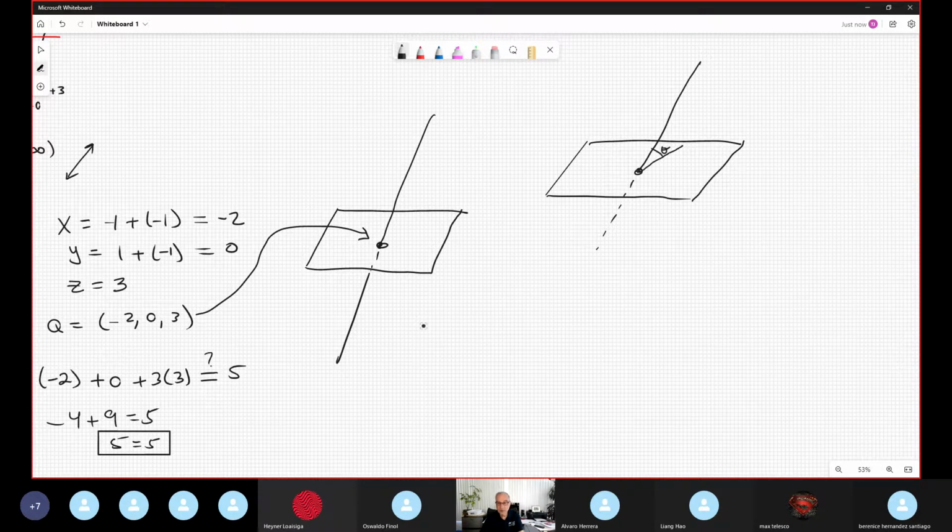Let me try to see the lateral view. In the lateral view, I see the plane like a line. Here the line is a line, and touches this famous point Q. I need to find that angle that I want to call theta.